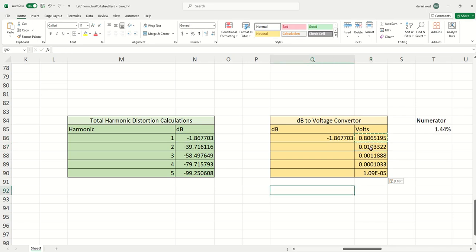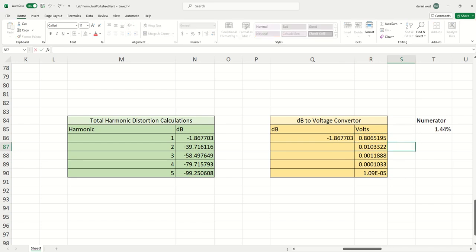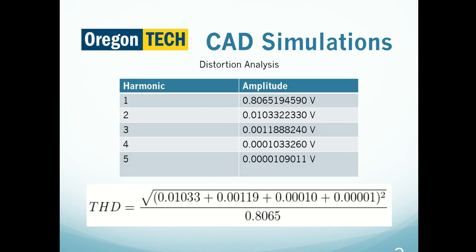Okay, and so what you do, let me show you another. So now that we have all the voltage amplitudes, the first harmonic is 806.5 millivolts. And so what we would do is that fundamental frequency is on the bottom.